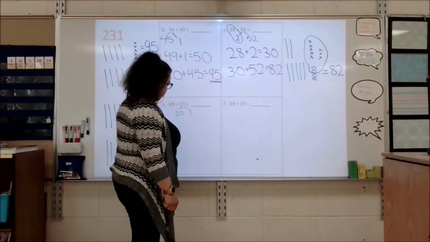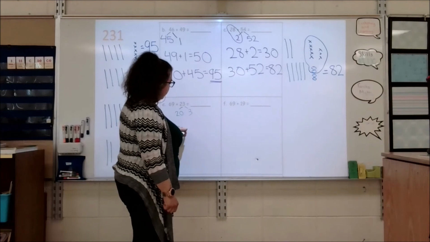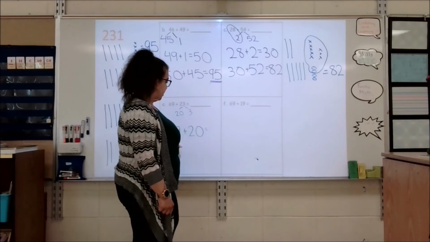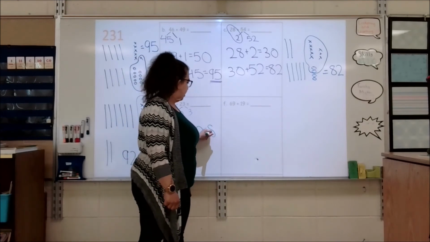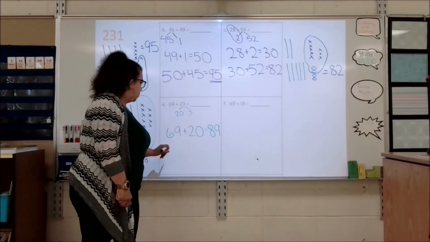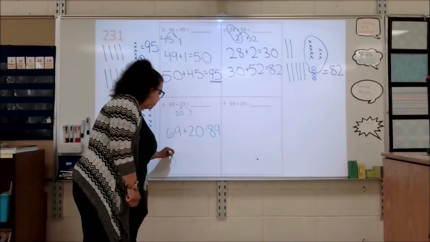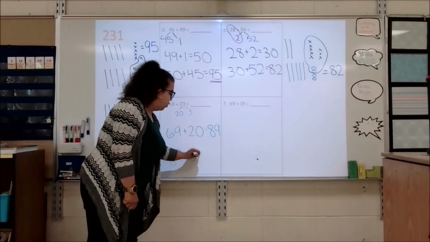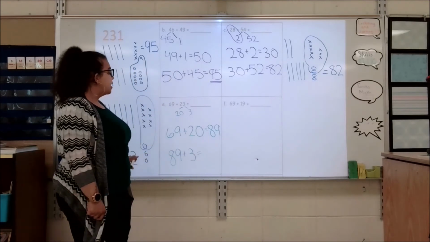So 69 plus 20, we went up by 2 groups of tens, 89, and then we went up by the remaining 3 ones, 89, 90.